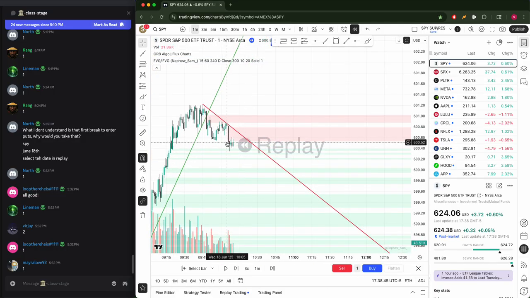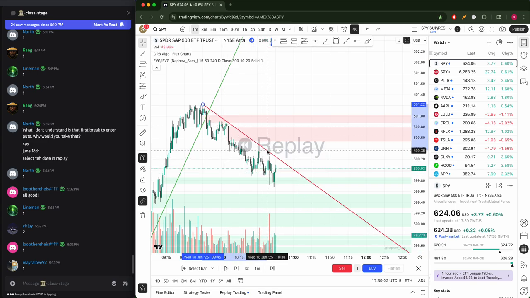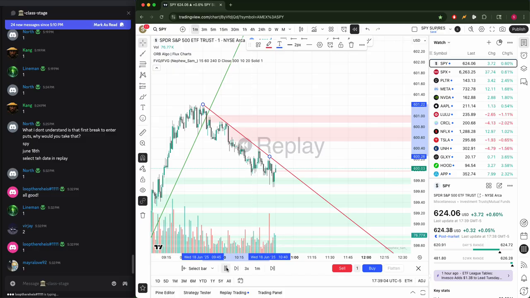All right, so we're going to stay in this trade as long as it respects this downtrend line. Okay, so we got a candle wick here, no close. Okay, and then we got our close here.